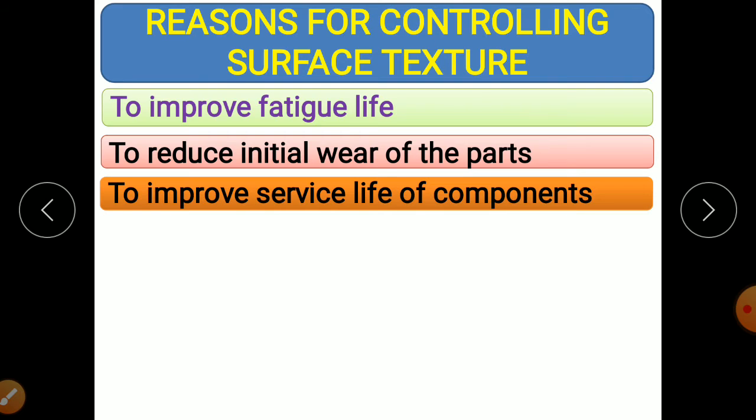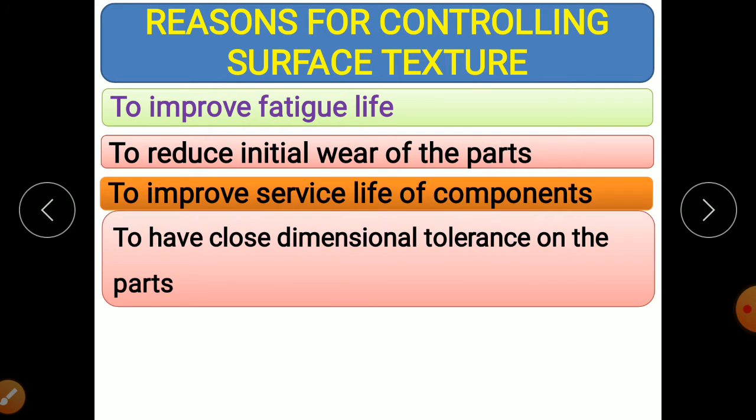So next is to improve the service life of components. As the surface finish increases, the life of the components will increase. Next is to have close dimensional tolerance on the parts. I already explained tolerance in the previous videos.